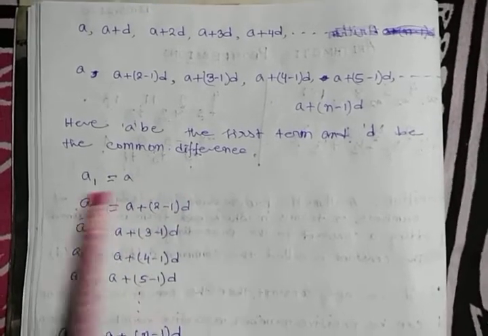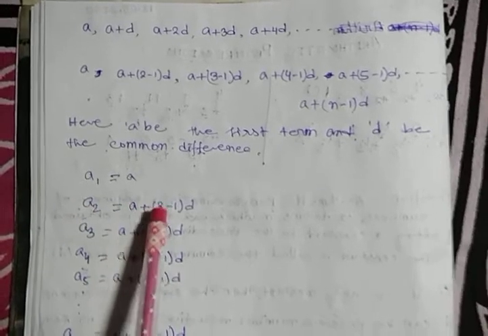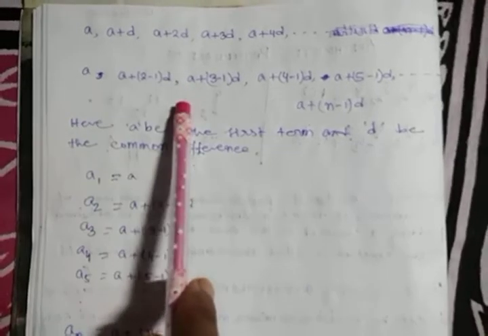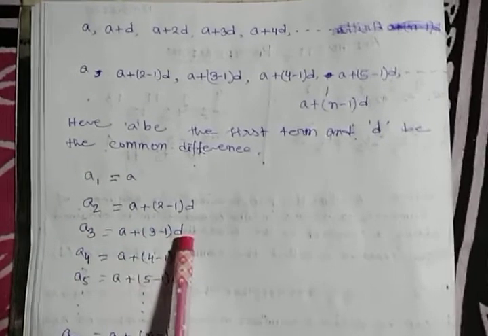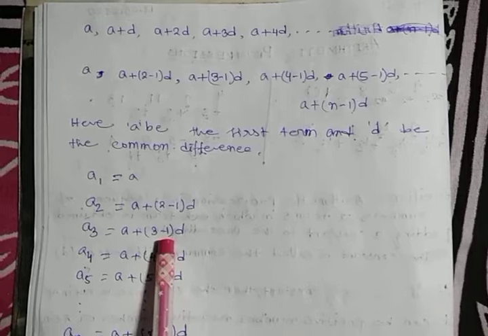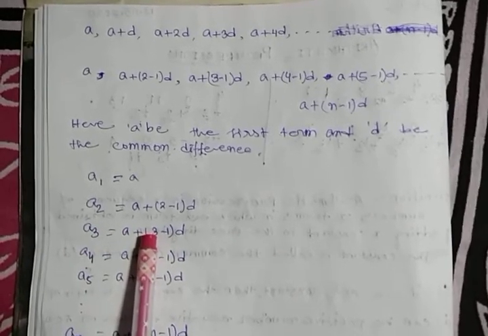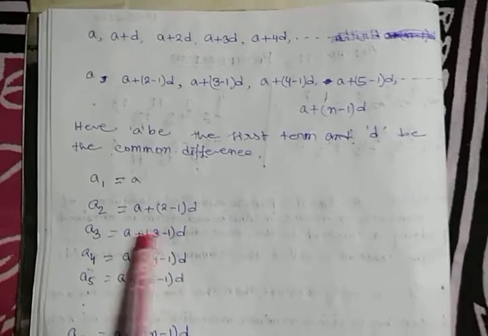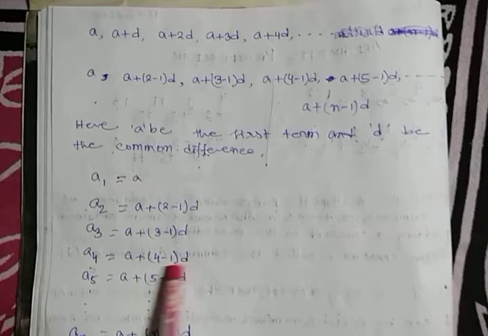So a2 is equal to a plus 2 minus 1 into d, as I have written here. So a3 will be a plus 3 minus 1 into d, that means a plus 2d. Here it is 3, then here it will be 2, one less. So a4 is equal to a plus 4 minus 1 into d, that means a plus 3d.